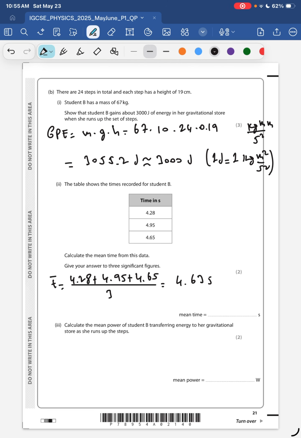Okay, part 3. Calculate the mean power of student B transferring energy to her gravitational store as she runs up the steps. So power is energy over time. The energy is 3055.2, time is 4.63, joules per second.